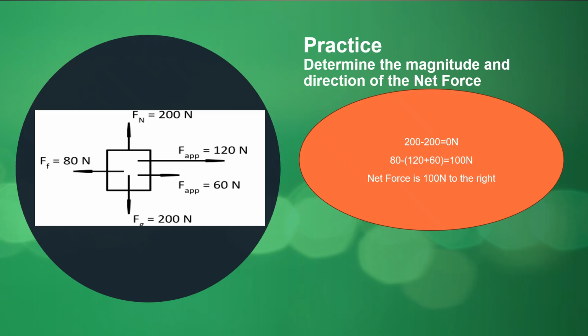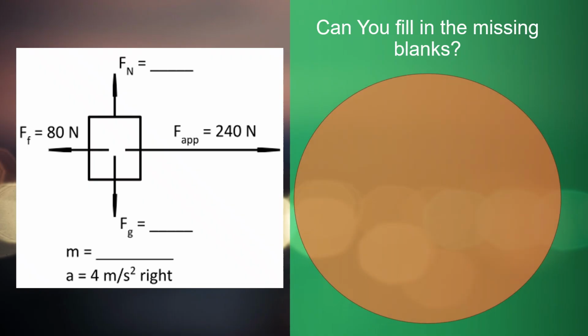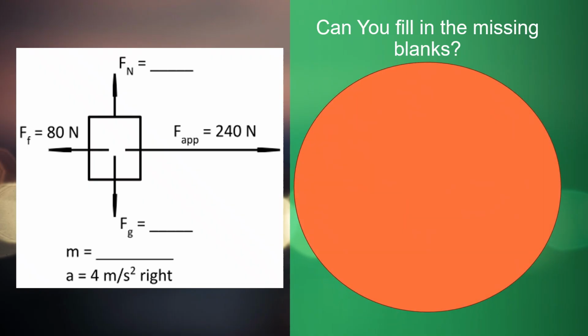Here's another example where we can actually fill in some more blanks. We have a problem showing that we have an applied force to the right of 240 newtons and a force of friction backwards of 80 newtons. So we can go ahead and figure out that the net force acting on this object is 240 minus 80, which is 160 newtons to the right.